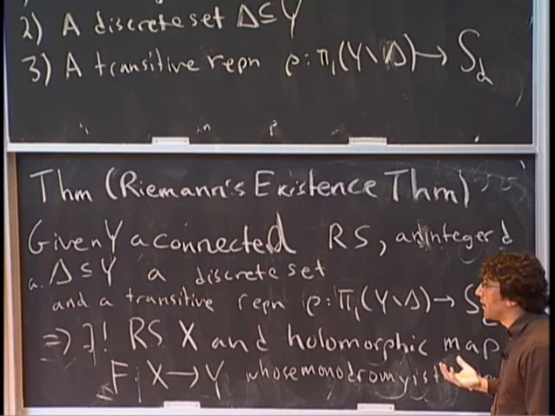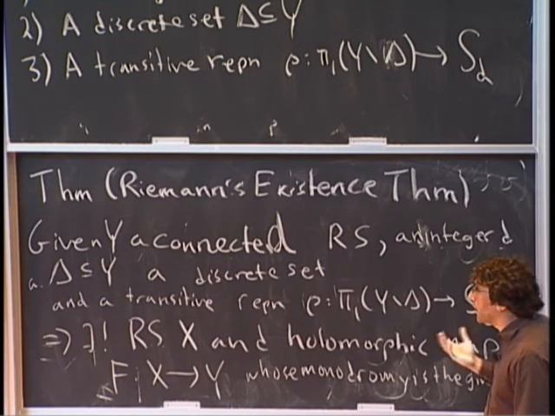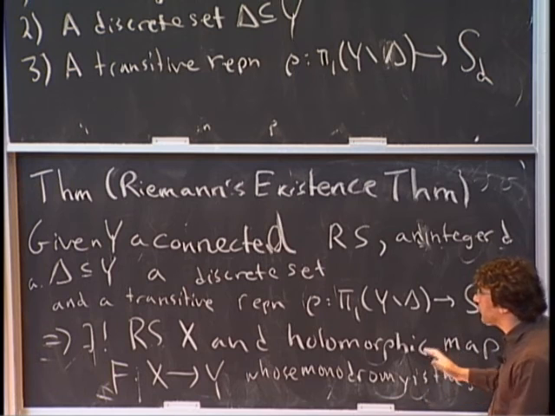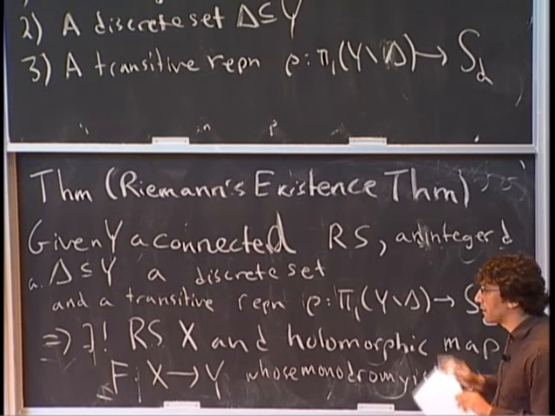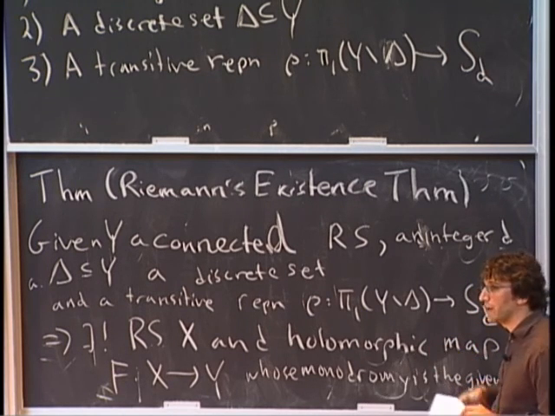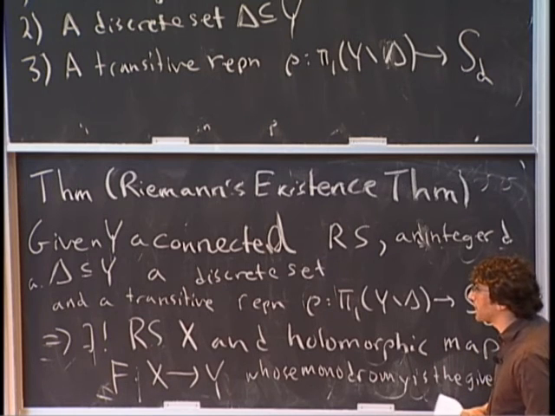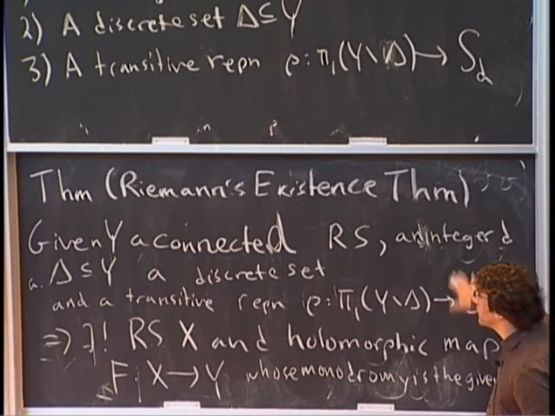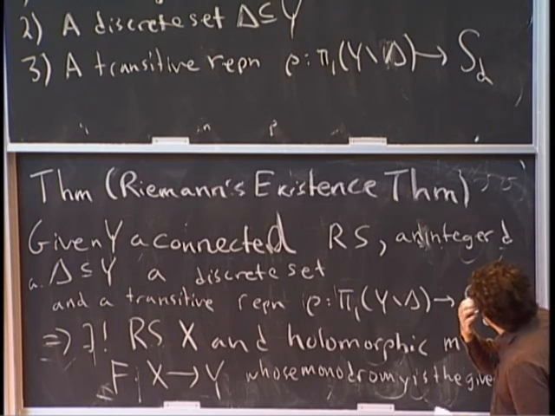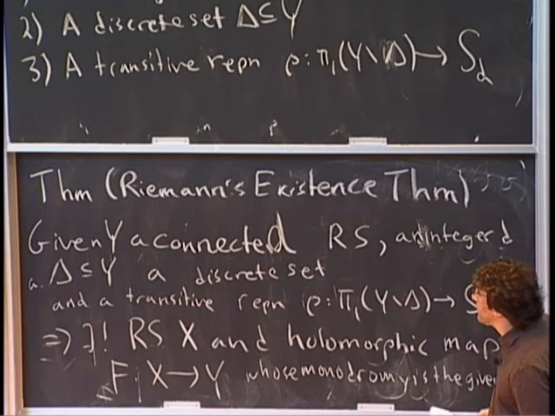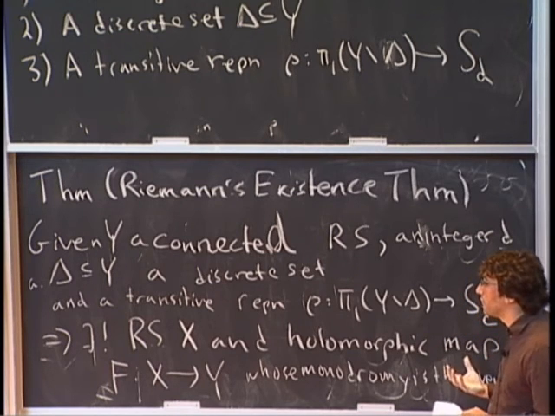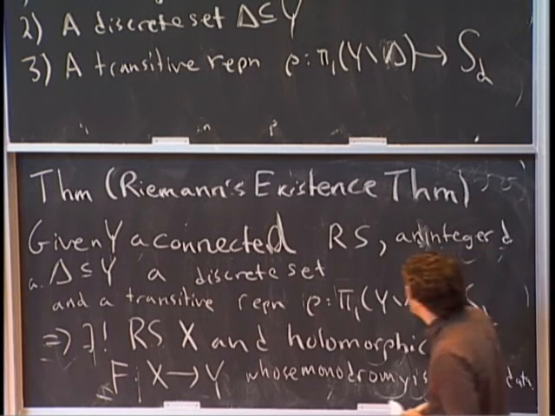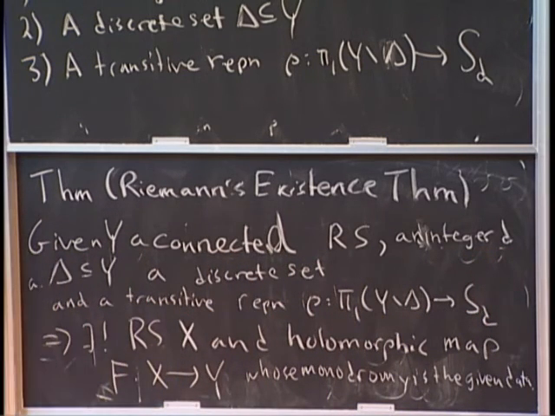In the exercises, you could do it with an analytic type argument, by showing there was a Riemannian metric, then looking at the conformal class of that metric and proving that it gave you a holomorphic atlas. But actually, this gives you a way, at least for closed surfaces, to give a topological argument for why every closed oriented surface has a Riemann surface structure. And it indicates how one might start to parameterize the space of all such things.